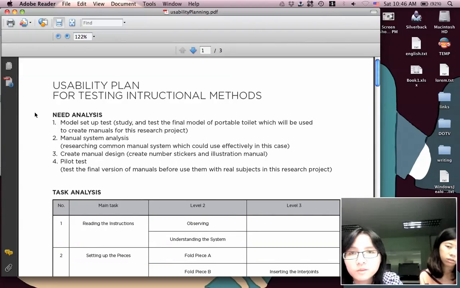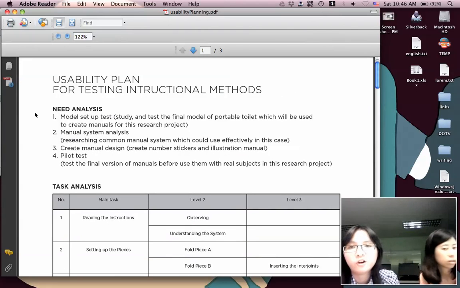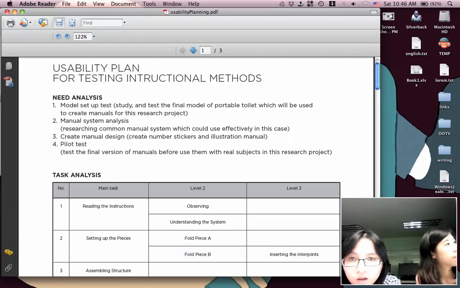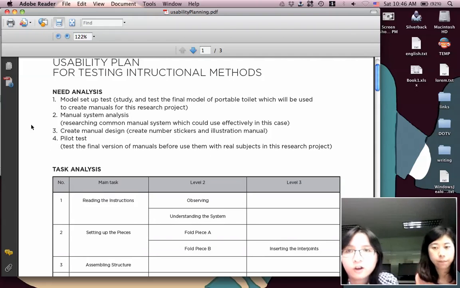So for the usability plan, before the real test, we need to analyze the final model of the portable paper toilet, and after we test the model, we research different kinds of manual and come up with the final 4. After the final 4 manual test, we do the pilot test.